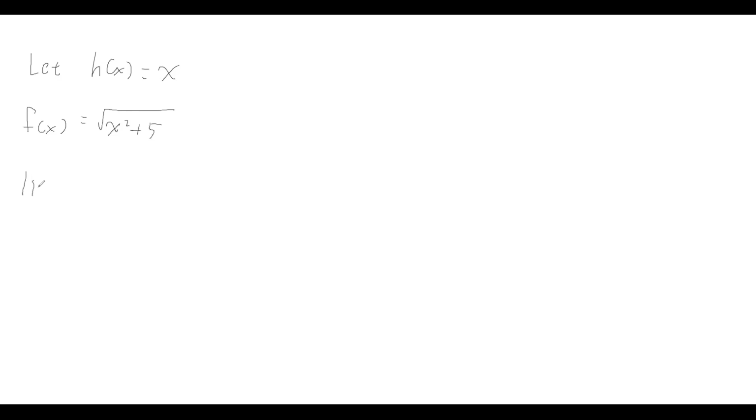All right, so let's look at the limit of f of x over h of x, which is the square root of x squared plus 5 over x. And of course, from this point on, feel free to use L'Hopital's rule if you want to, but I'm going to show you a different way using algebra to play around with this quotient to get it nice and easy.